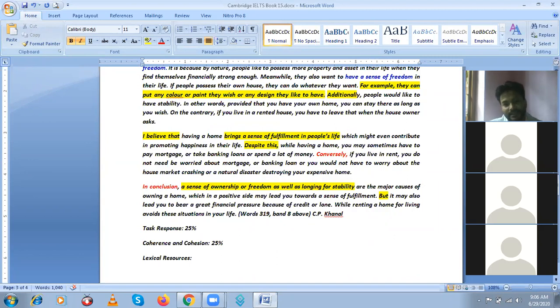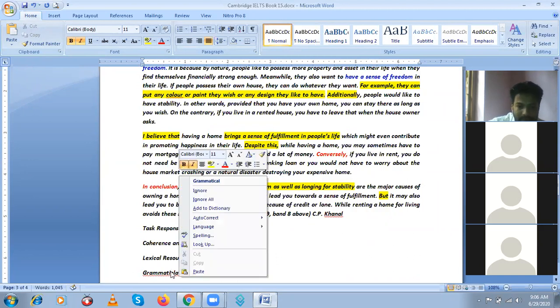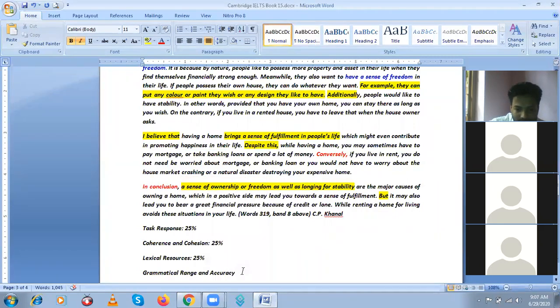And the last one is grammatical range and accuracy. So grammatical range and accuracy, it carries 25 marks. I guess there is no any grammatical error or mistake.